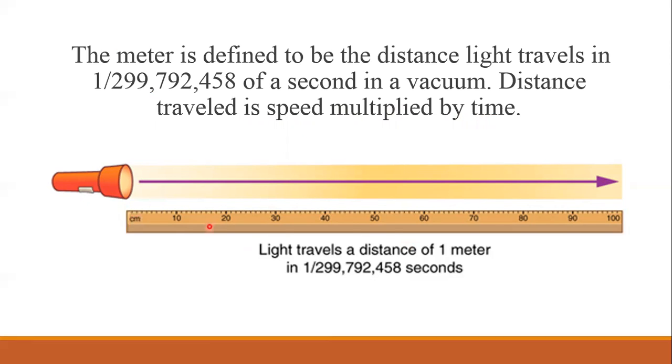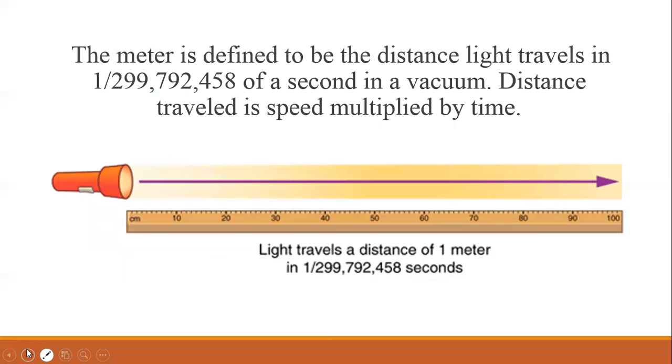Here we have an example: light travels a distance of 1 meter in these seconds. So the length of the meter will change if the speed of light is someday measured with greater accuracy. Okay, that's why accuracy is essential.